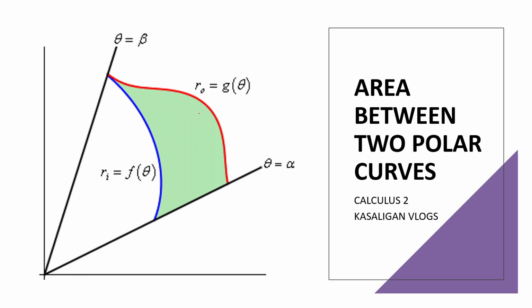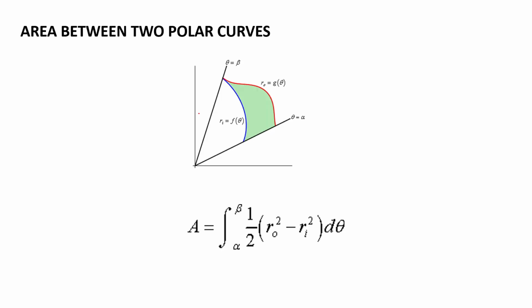Today we will be talking about area between two polar curves. This is calculus 2. The area between two polar curves has a formula: A is equal to the integral from alpha to beta of 1 half times r outer squared minus r inner squared d theta.